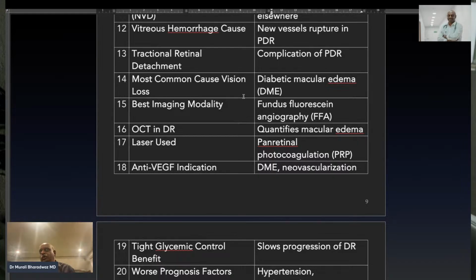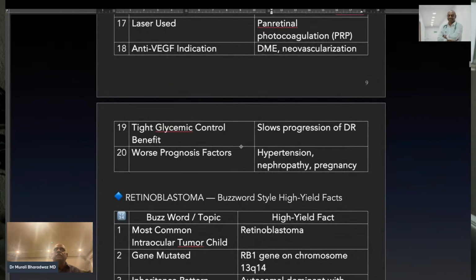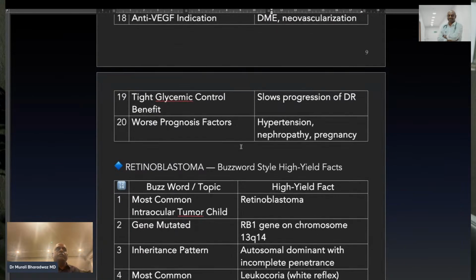Along with that, anti-VEGF drugs are also administered. Always, for diabetic retinopathy, treatment is an anti-VEGF drug. What is the name of the drug?